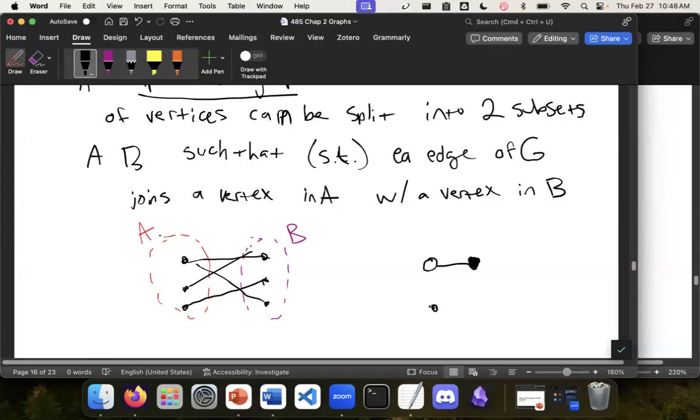So that's like the inner part, right? So C4 is bipartite because we can draw one vertex with the open circle and the other vertex with the closed circle. And they alternate, right? So if one vertex is open, the other is closed, then the next one has to be open, and so on and so forth.